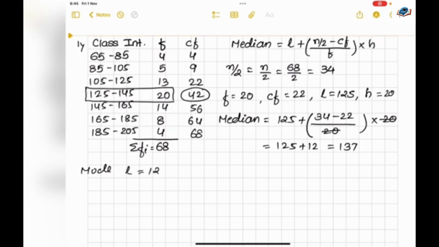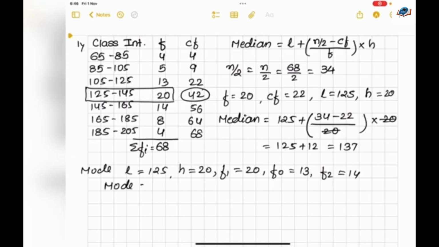Now to find mode, L will be 125 again, H will be 20, F1 will be 20 as maximum value is 20, F0 will be 13 and F2 will be 14.